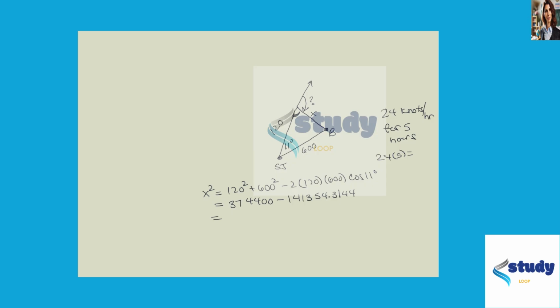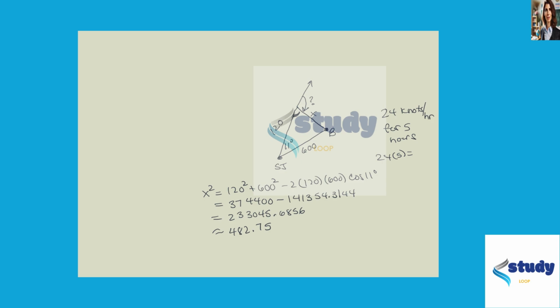So I'm going to find the difference in those values now. That's going to give me 233,045.6856. Now I'm just going to take the square root of that, and I'm going to get 482.75. I'm going to round to 2 decimal places.